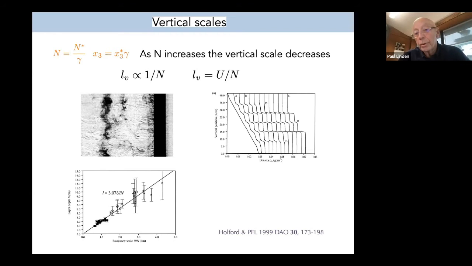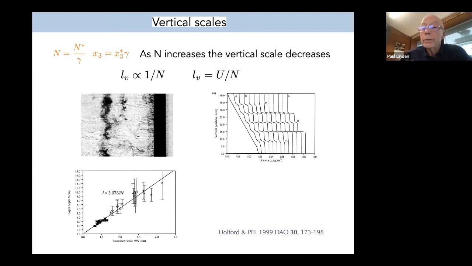As time progresses, we move to the right of those pictures. In this experiment we were simply dragging a grid. In the picture on the left, there was a grid of vertical bars, and we dragged them back and forth through the fluid. You can see the turbulence generated in the wake of this grid, and out of that turbulence came this ordered structure of layers and interfaces.